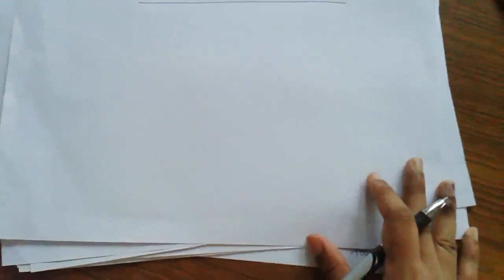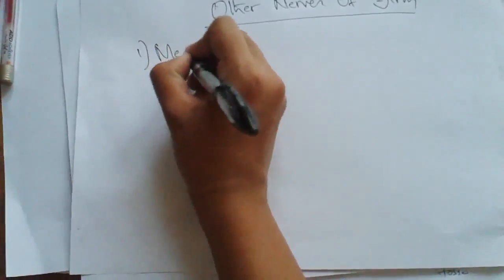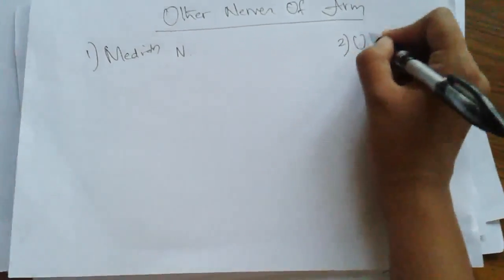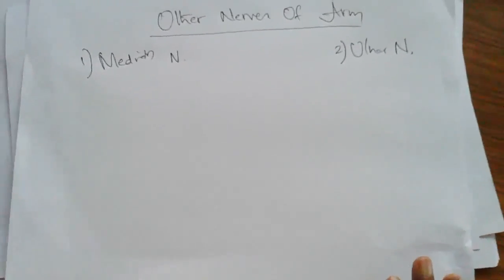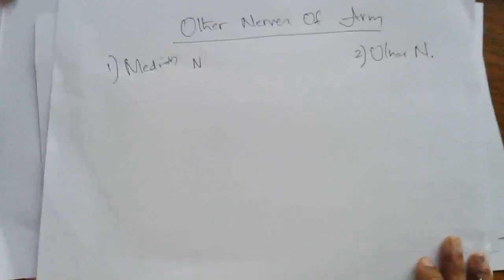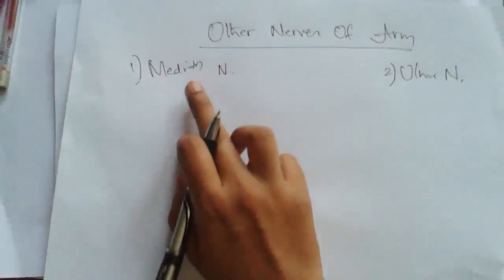There are two other nerves which you will be seeing in the arm. One is the median nerve, and the second one is the ulnar nerve. As you have already seen the radial nerve in the posterior compartment and the musculocutaneous nerve in the anterior compartment, I am not going to discuss these both. But now, let us learn about the median nerve.